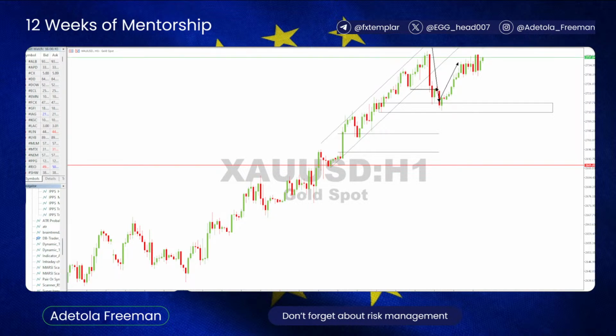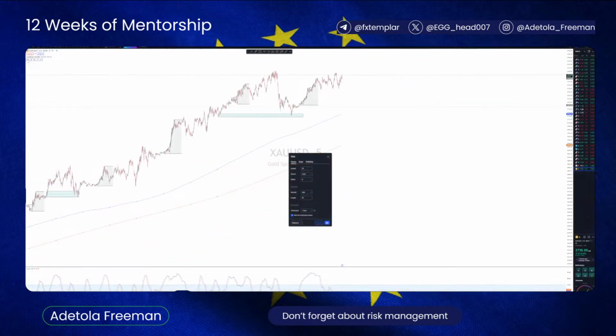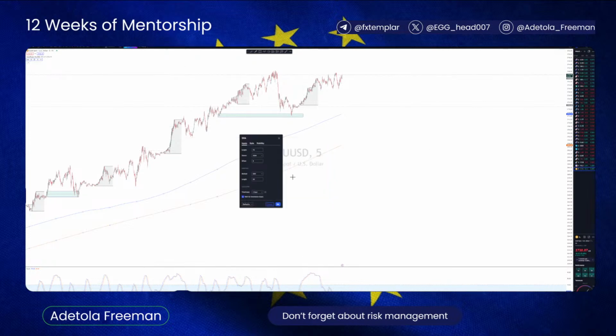So let me show you quickly what that system should actually look like. First of all, you want to have one single simple moving average. This is the moving average you want to have on your chart.